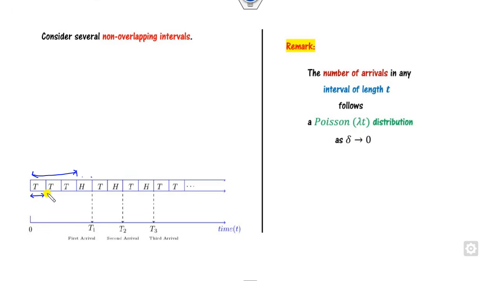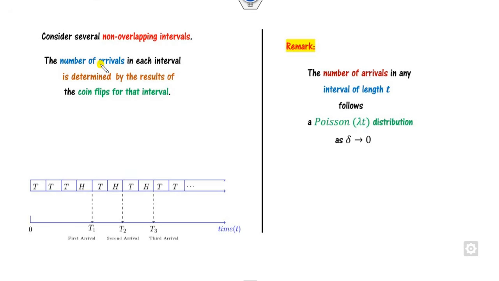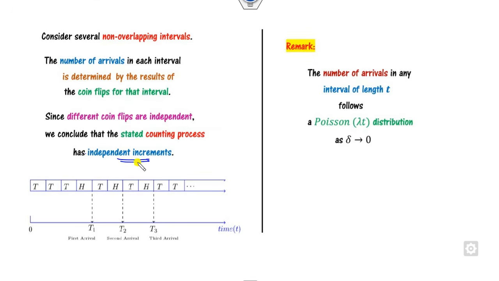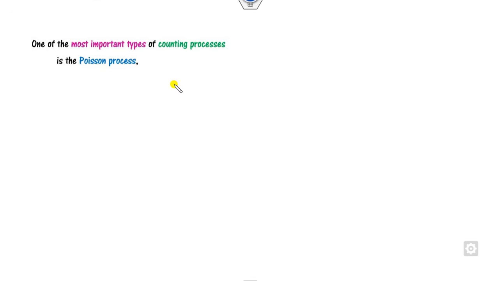Say this is my first interval, this is my second interval, and so on. Then clearly the number of arrivals in each interval is determined with the help of flipping the coin. Since tossing or flipping the coins is always independent in nature, hence my counting process has independent increments. Now based on this counting principle, we can define the Poisson process.